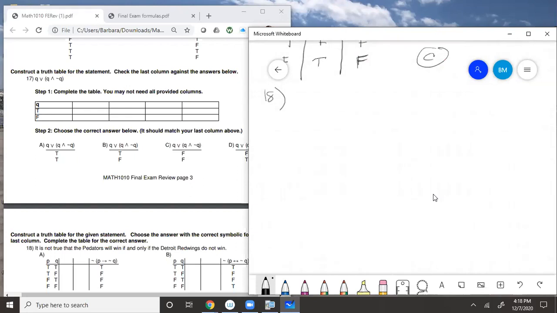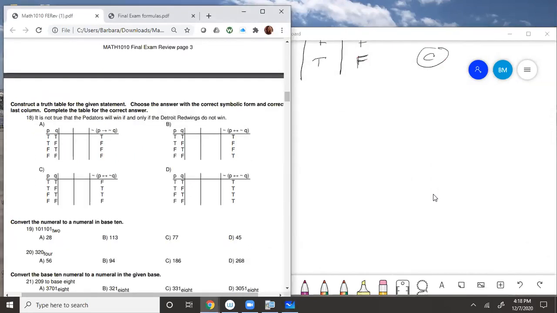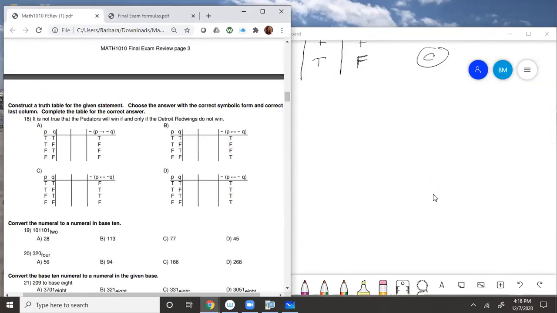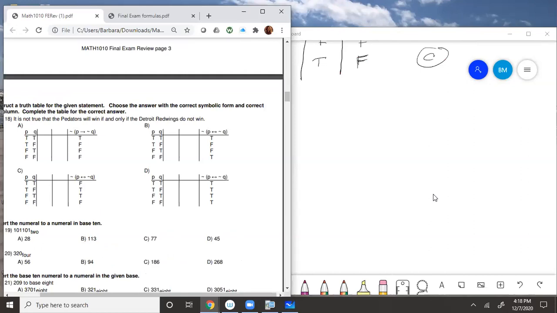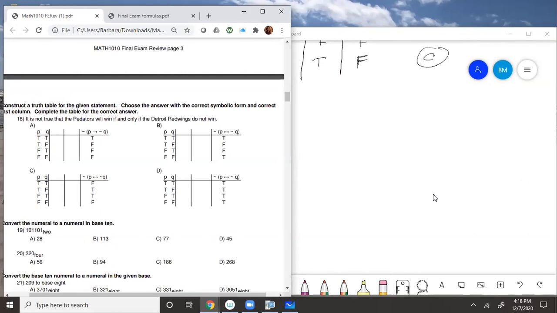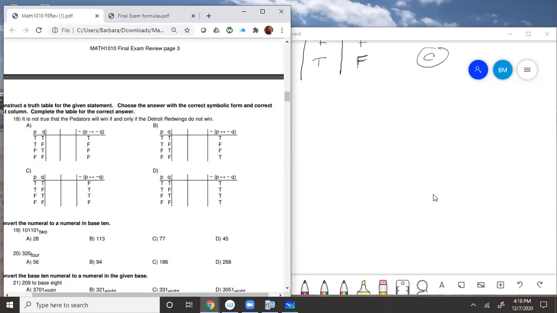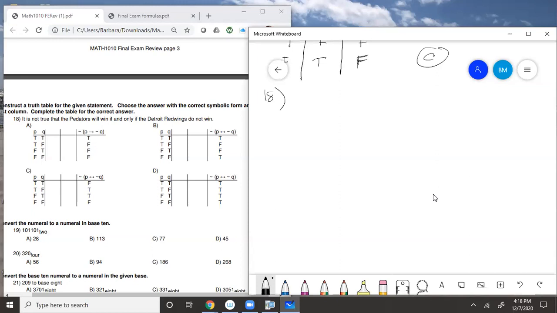Number 18, construct a truth table. It is not true that the Predators will win if and only if the Detroit Red Wings do not win.